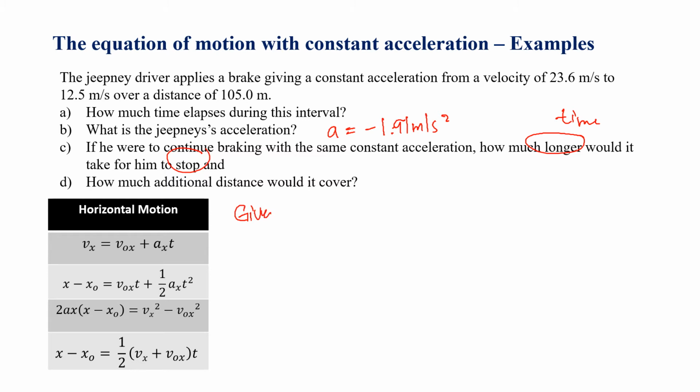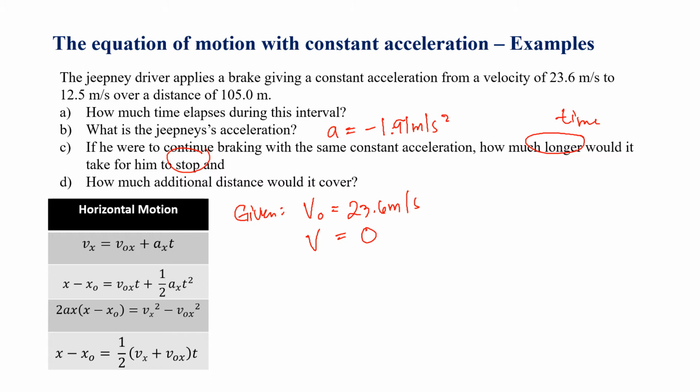Here, we still take your v naught equal to 23.6 meters per second. Our v now will be 0 because we're asked for the time it would take for the jeepney to stop.